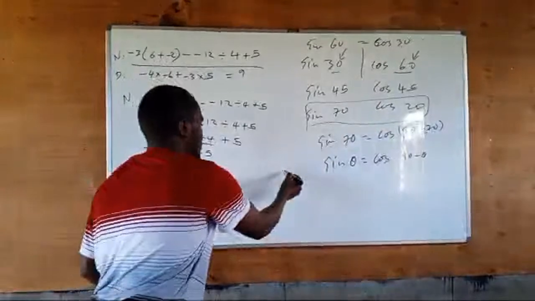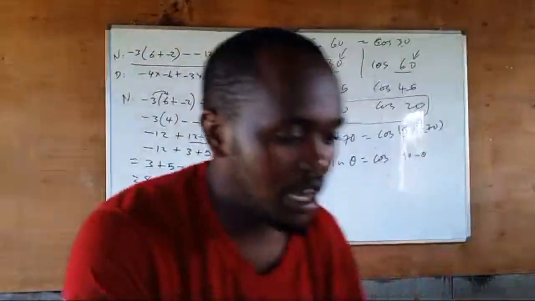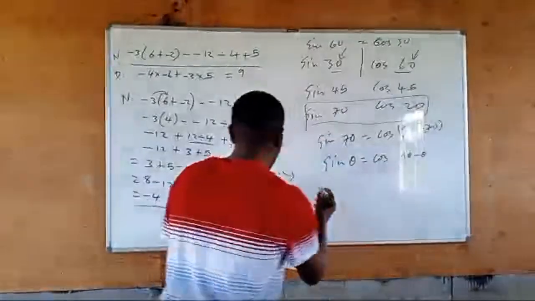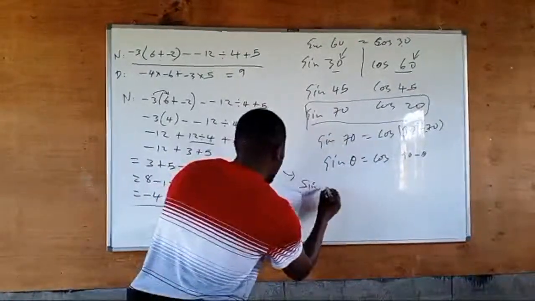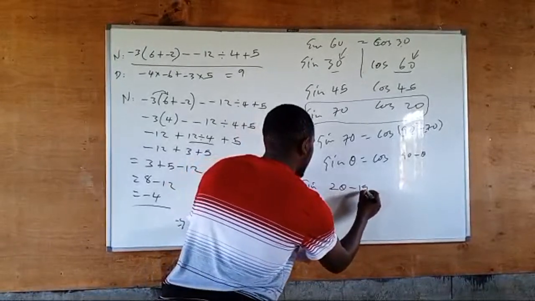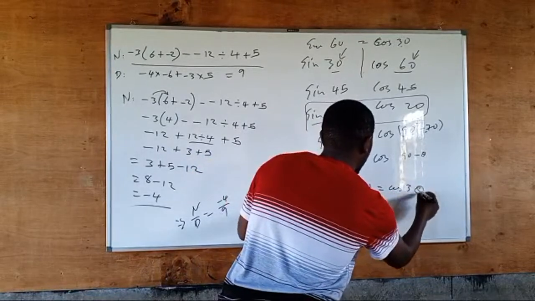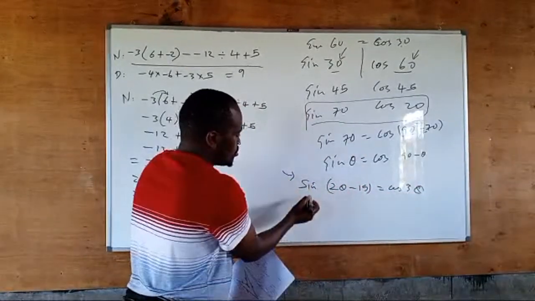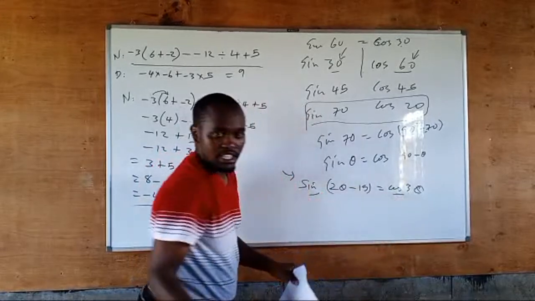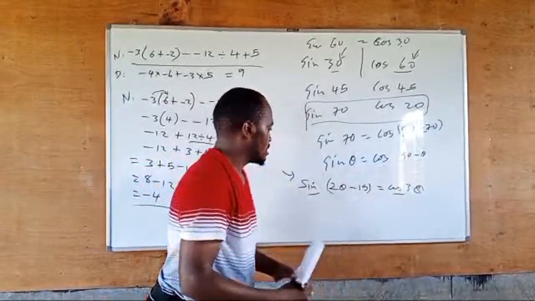Now in this sense, what I was giving you, this is what you were told: sin of 2 theta minus 15 equals cos 3 theta. So what do you realize? Sin and cos. So sin theta is equal to cos of 90 minus theta.